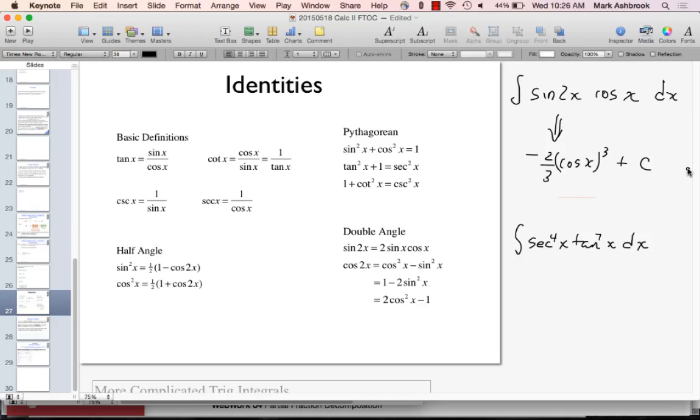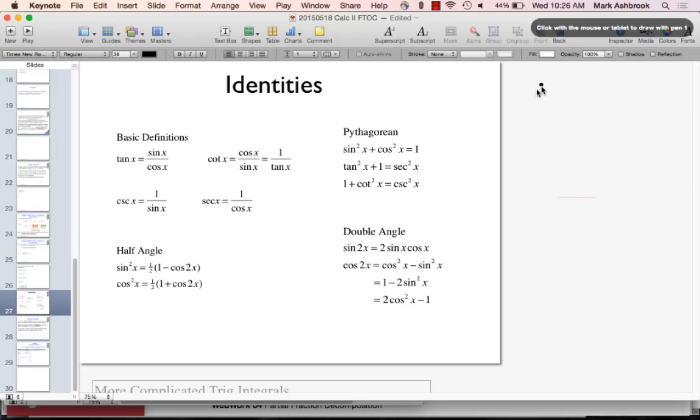So this last one, secant to the 4th, tangent to the 7th. So what we're looking at here is pretty complicated.